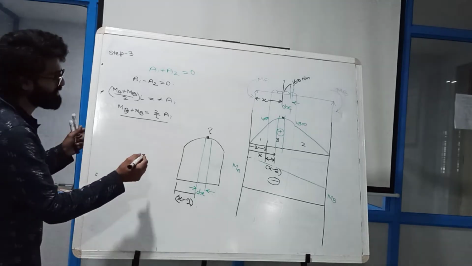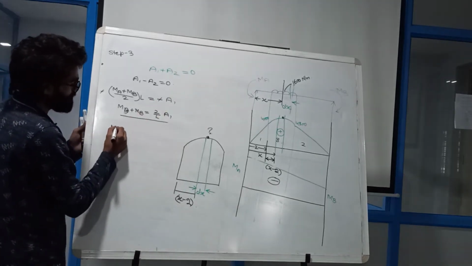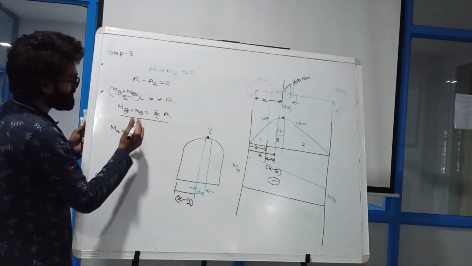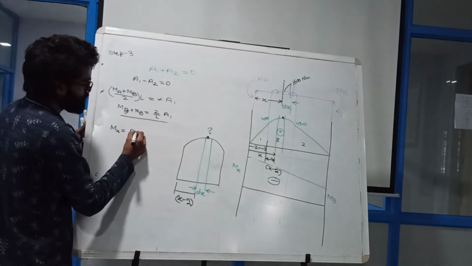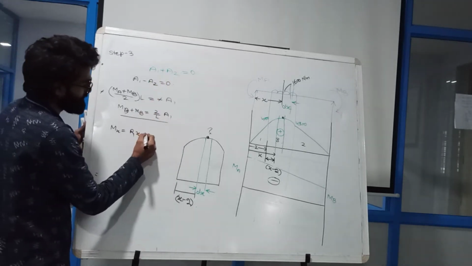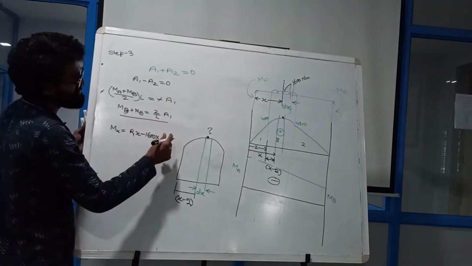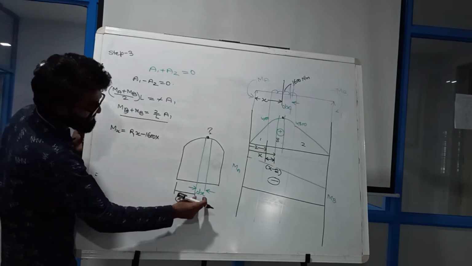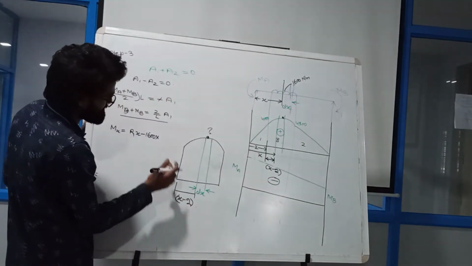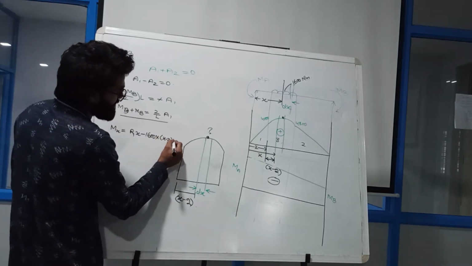Now let us make the moment equation. What will the moment equation become at x distance? This is R1 into x, and this is a downward load, so minus of 1600 into the distance. The distance is this. What is this distance? x minus 2, and this is a UDL. So where is it acting?